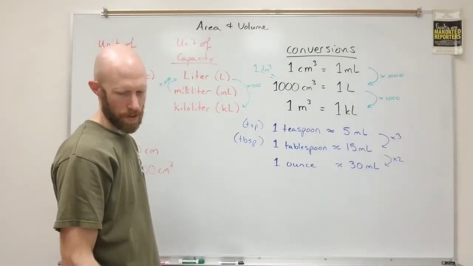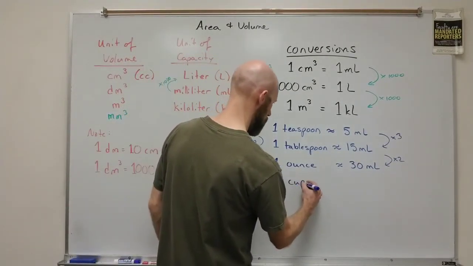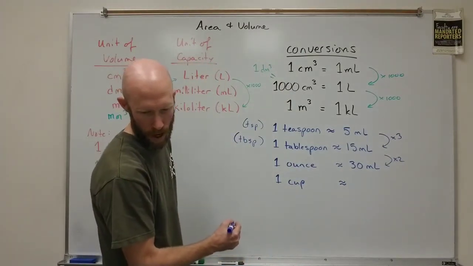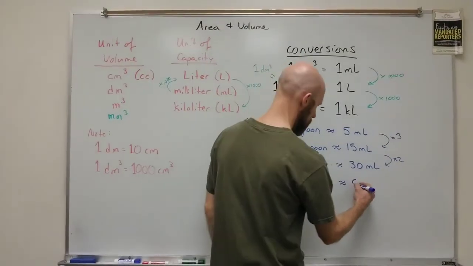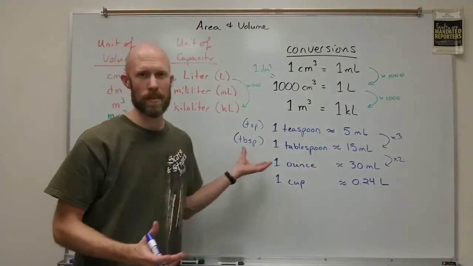Then you also have larger conversions. You've got cups. So 1 cup is approximately equal to 0.24 liters. And a lot of these are going to be given to you on a test.